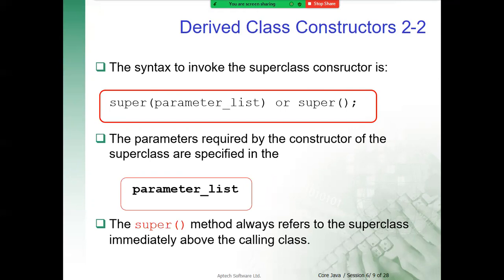If I want to access a method, I can access it inside my class by using super dot the method name. Or if you want to access the constructor, then super, open the parenthesis, and then you define the parameters. Based upon the parameters, it will decide which constructor to call.